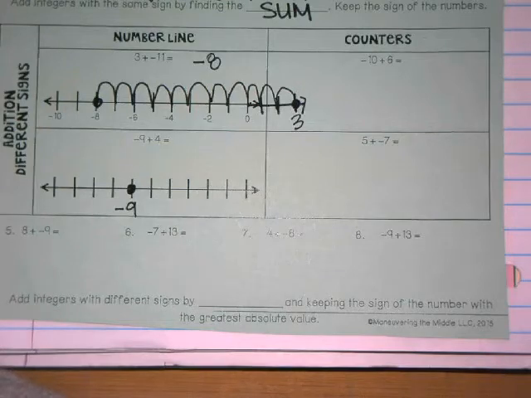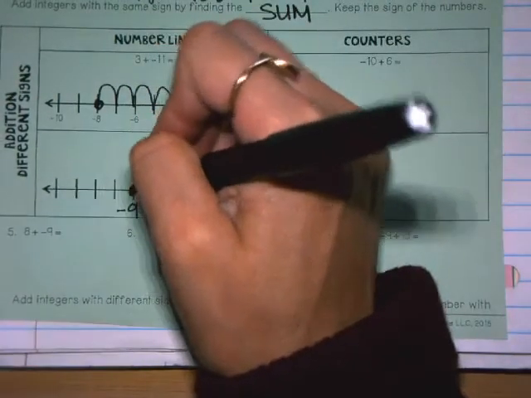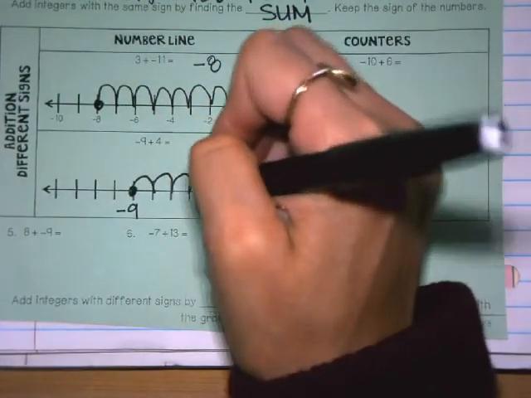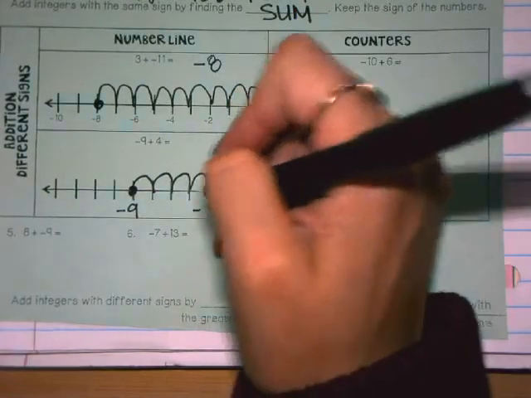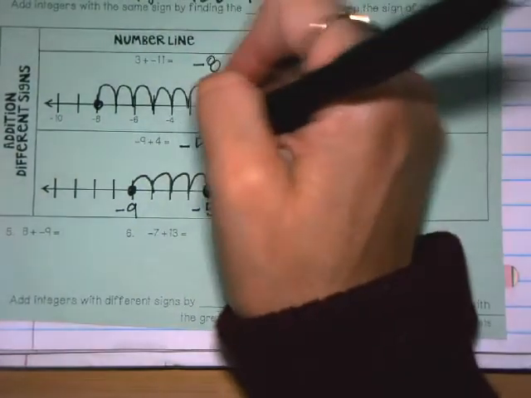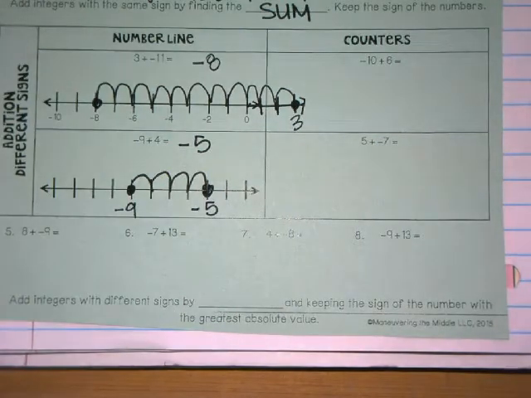If I'm adding 4, do I go to the left or the right? So go to the right 4. What number did we land on, everyone? What was it, everyone? Negative 5. So negative 9 plus 4 is a negative 5.